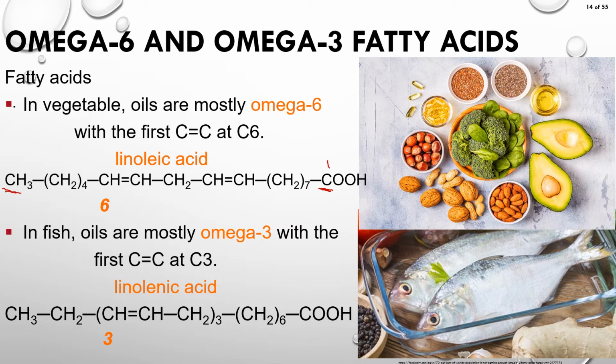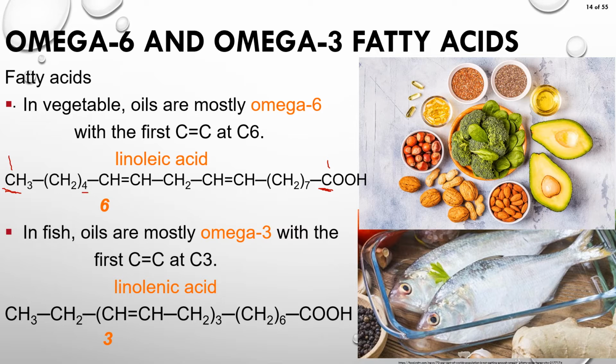Omega fatty acids are a family of polyunsaturated fatty acids, meaning they have more than one double bond, that have in common a final carbon-carbon double bond in the n-6 position, that is the sixth bond, counting from the methyl end. So you have 1 here, and then plus 4 is 5.